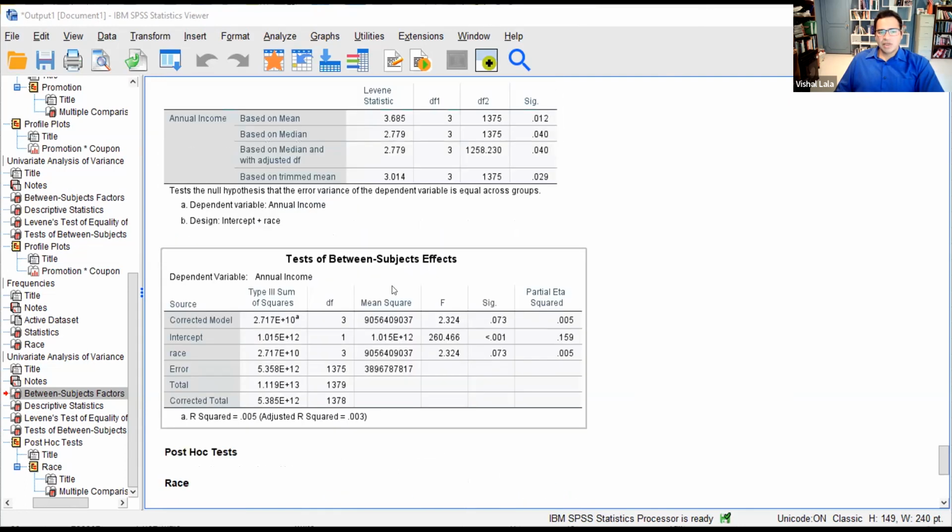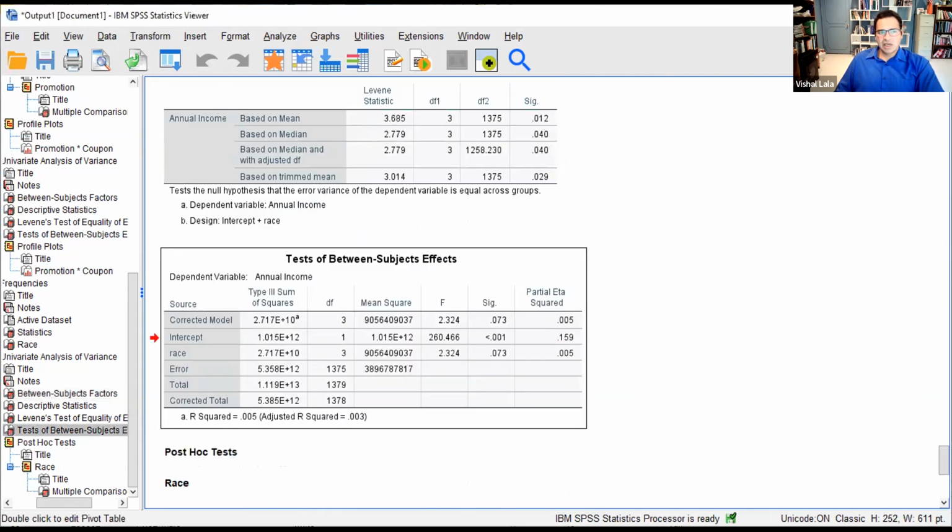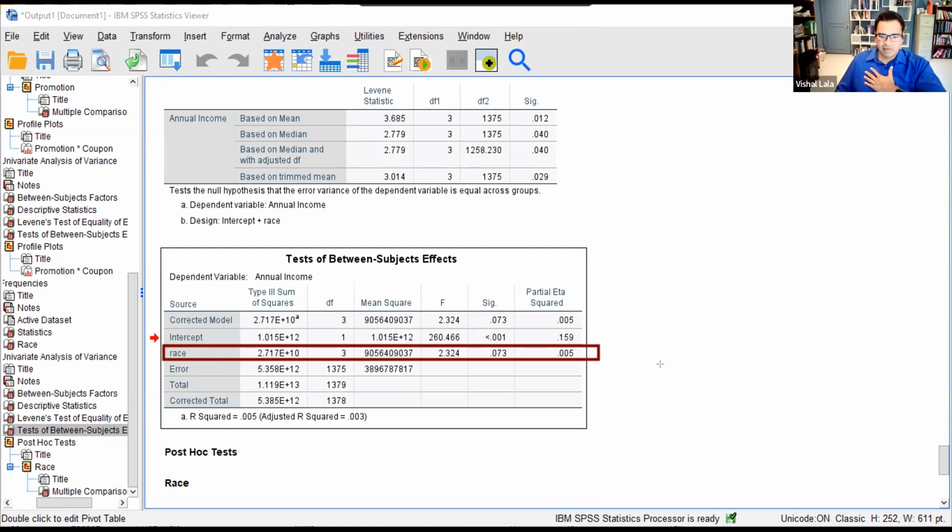Let's go on to our tests of between-subjects effects. Here we can see the effect of race. Race has an F statistic of 2.324 and a p-value of 0.073. I'm relieved. At least our data says that race does not matter.